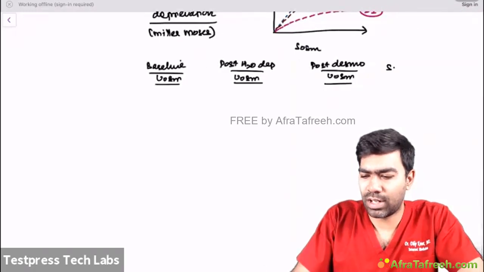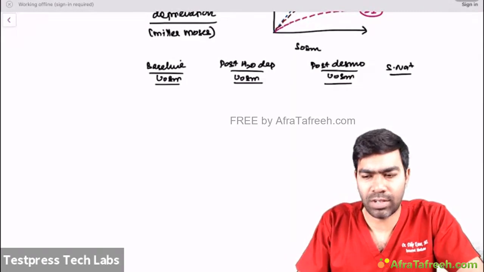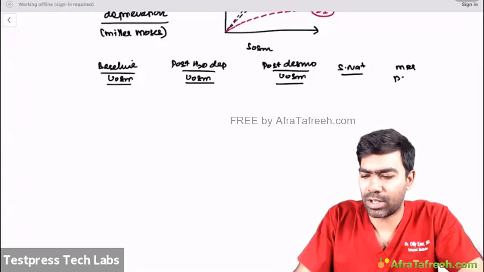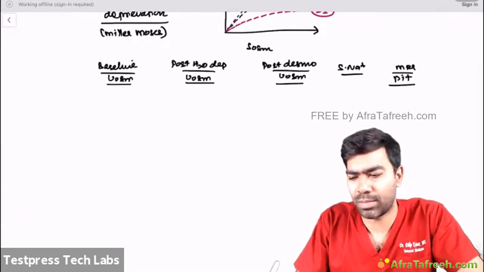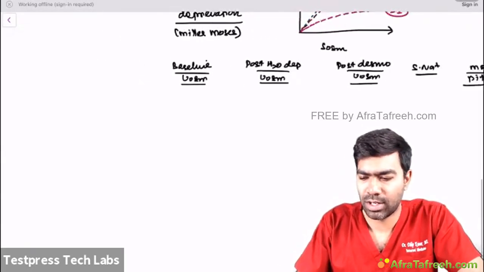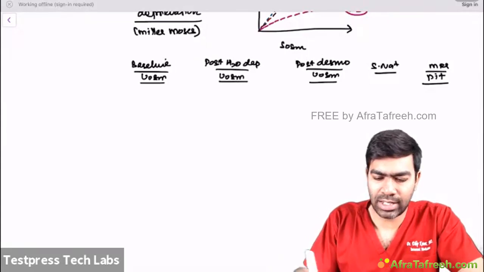And I can also tell the serum sodium, and the MRI findings of the pituitary gland. Because sometimes diabetes insipidus could be central, or cranial, diabetes insipidus, so the pituitary might show some changes. So based on this, let us see the baseline urine osmolality.